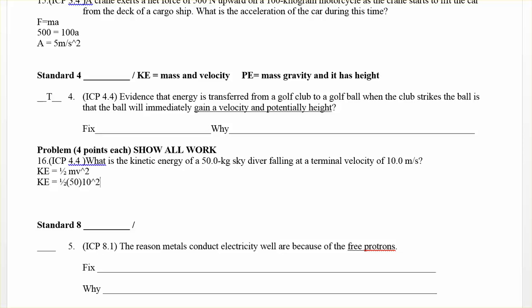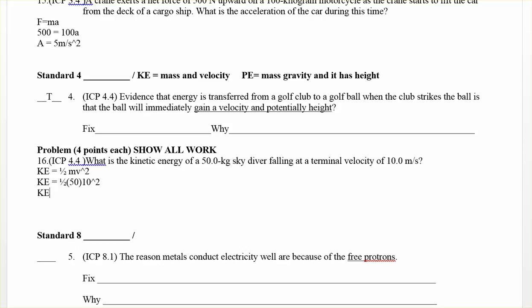So 10 squared is 100. 100 times 50 is 5,000. Half of that is 2,500. So our kinetic energy is equal to 2,500, and our units for kinetic energy is joules.